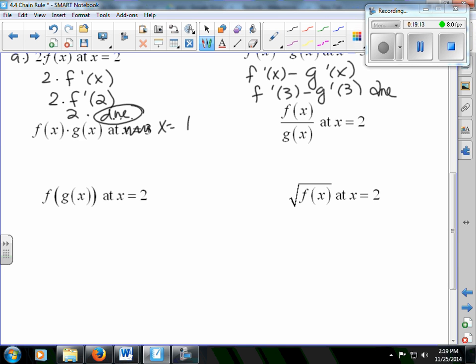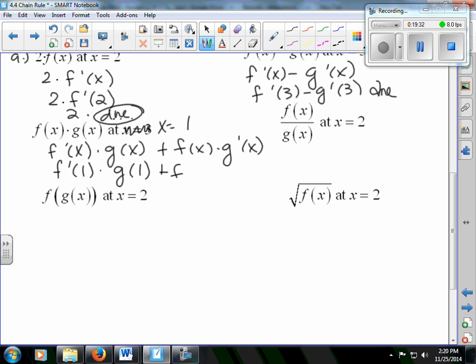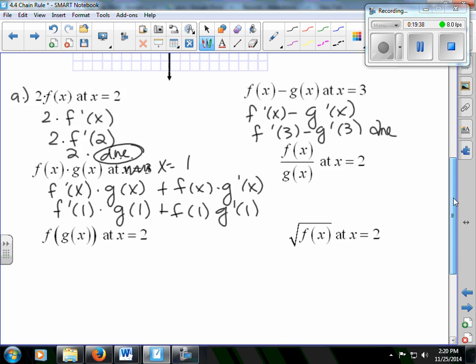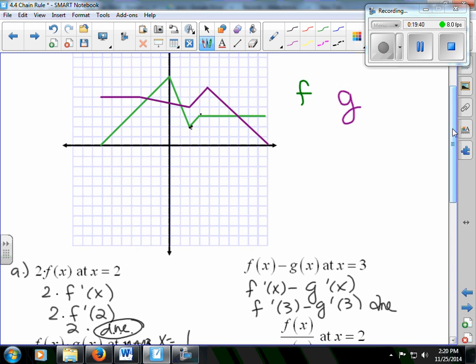So here I have a product, f times g. So I need to use the product rule when I take the derivative. So the derivative of f times g is f prime g plus f g prime. I'm doing this at 1, so I'm going to replace x with 1. And f prime of 1, I need to know the slope of the graph of the green at 1.